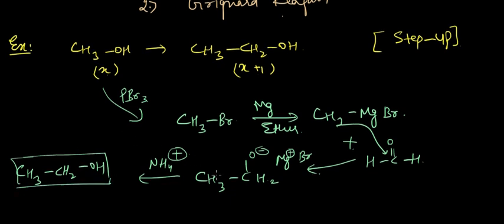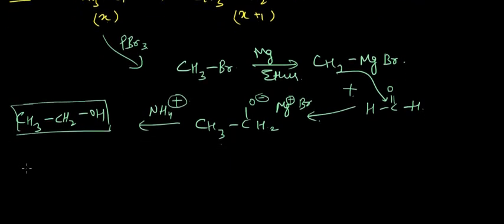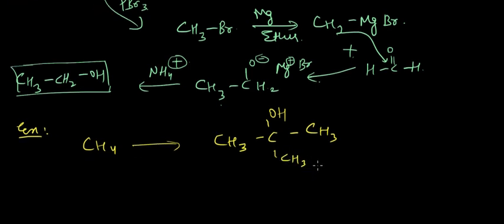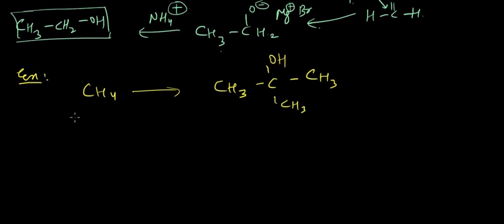Okay, let us take another example of this kind. We have CH4, and we need to convert this into this compound. First, we can react this alkane, methane, with Br2 in presence of sunlight or heat, and this will be converted into CH3Br.